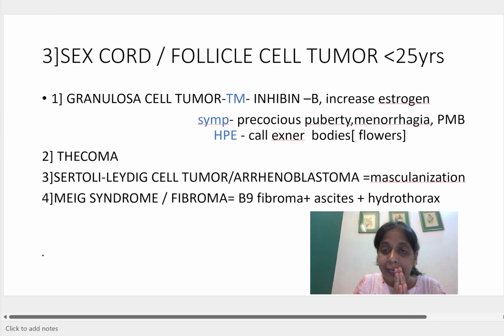So only inhibin B is the tumor marker of the granulosa cell tumor. Due to the increased estrogen synthesized by the granulosa cell, if that female has not attained menarche, she will suffer from precocious puberty. And if she has attained menarche, then she will have sudden menorrhagia.